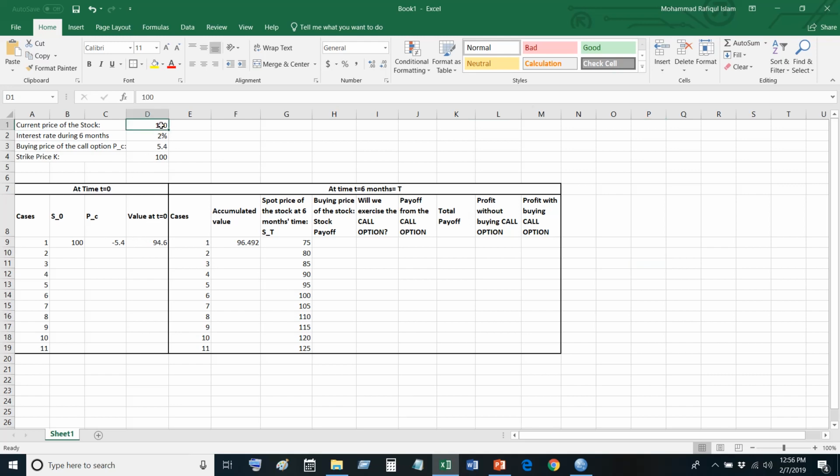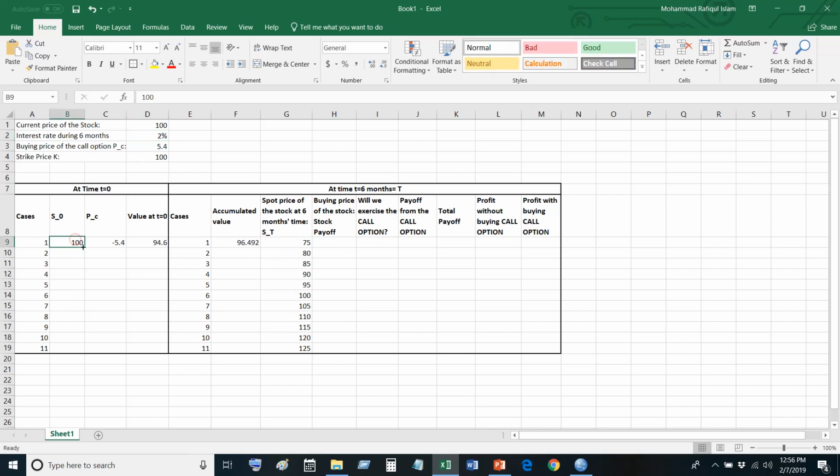Suppose the current stock price is $100 and interest over a 6 months period is 2%, and the buying price of the call option is $5.4, and the strike price is the same as the current price, $100. So we will consider 11 different cases at time t equals 0 and at time t equals 6 months.